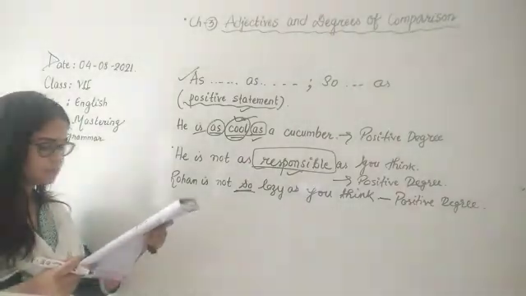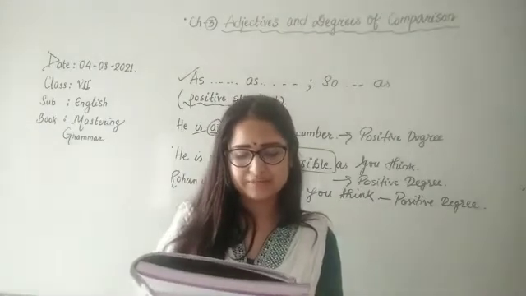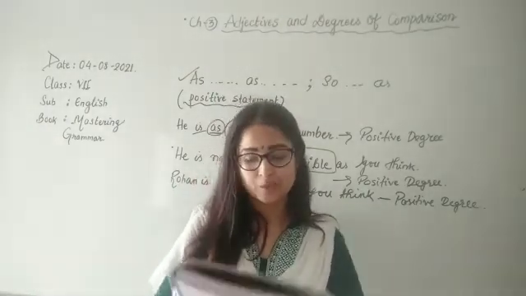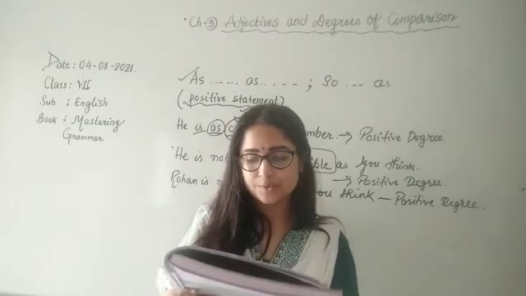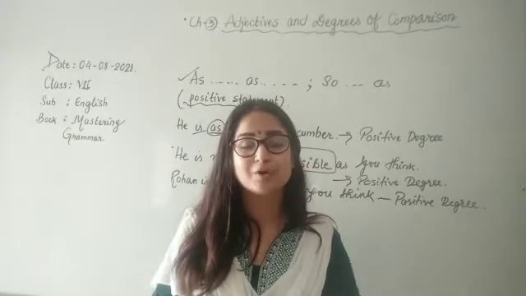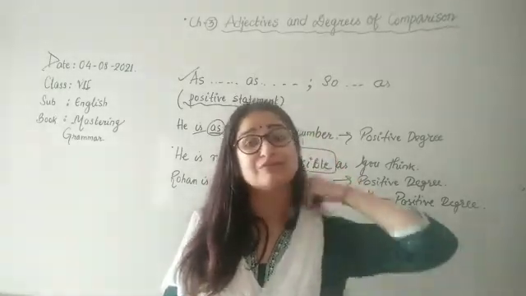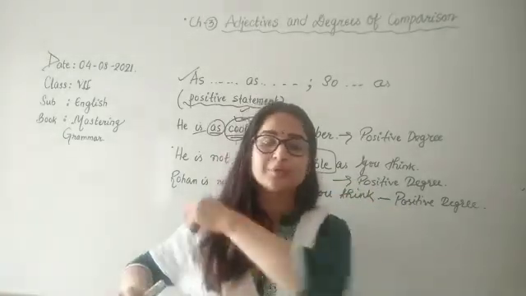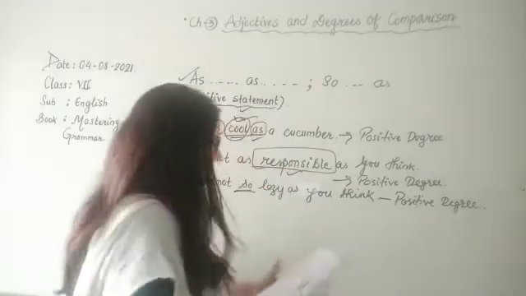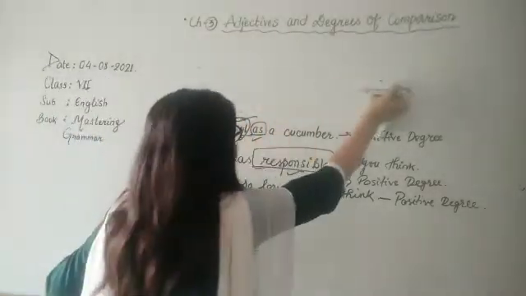Now, talking about some other comparative adjectives. Whenever comparative adjectives end in OR, it is followed by to and not by than. You should remember. That's why we say inferior to, superior to, because the adjectives are ending in OR. So this is also an important point.